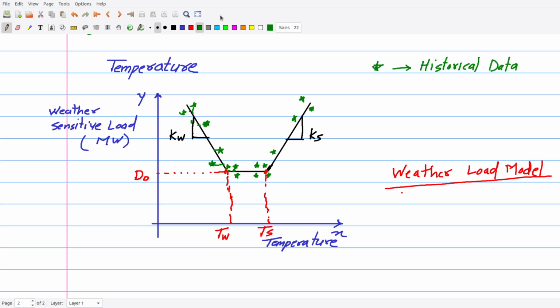Then your black line represents what? Slopes, and or you can write a line.